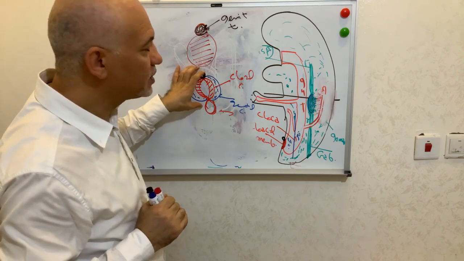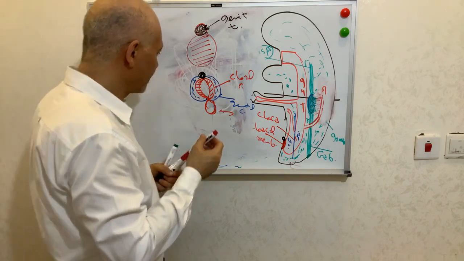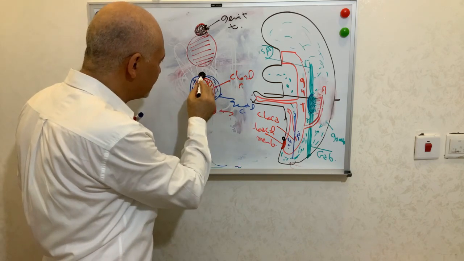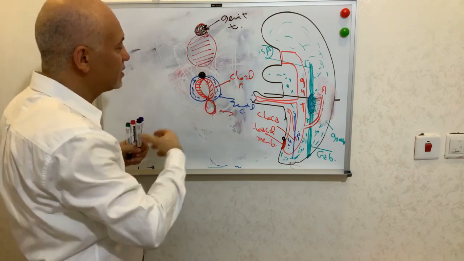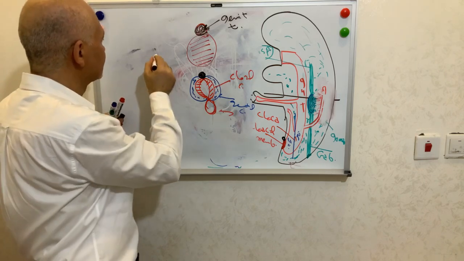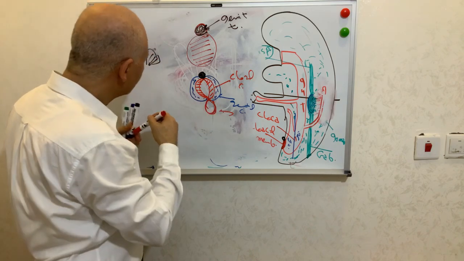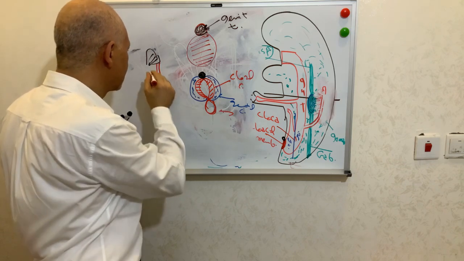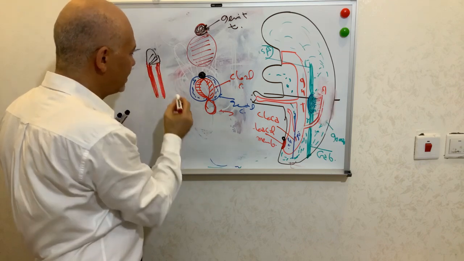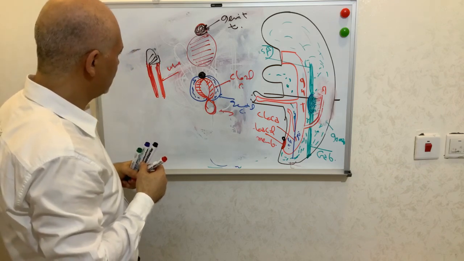If this embryo develops as male embryo, the genital tubercle elongates forward, dragging this fold with it. And now it's called urethral fold.